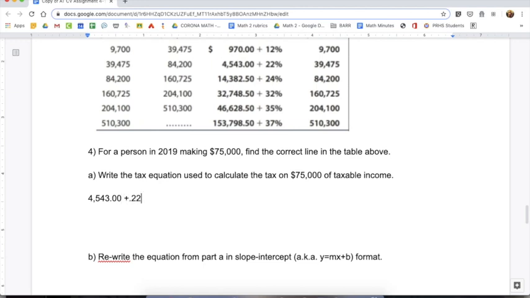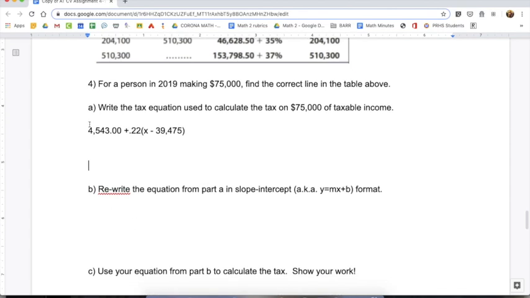Plus 22%, of course converted to decimal, of X minus this number right here, the $39,475. So that's the tax equation. We are going to rewrite that into the slope-intercept form, y equals mx plus b.